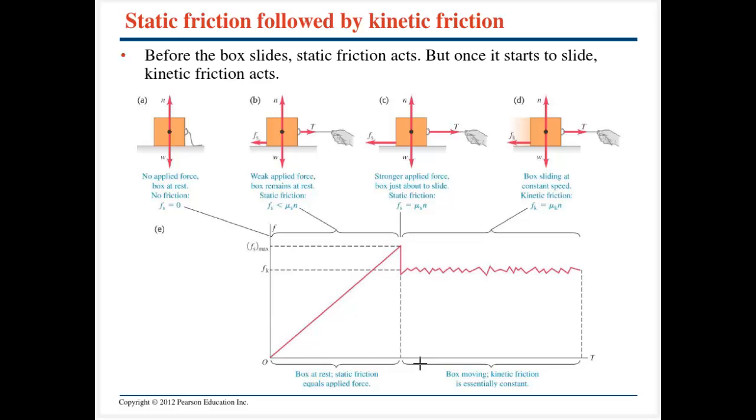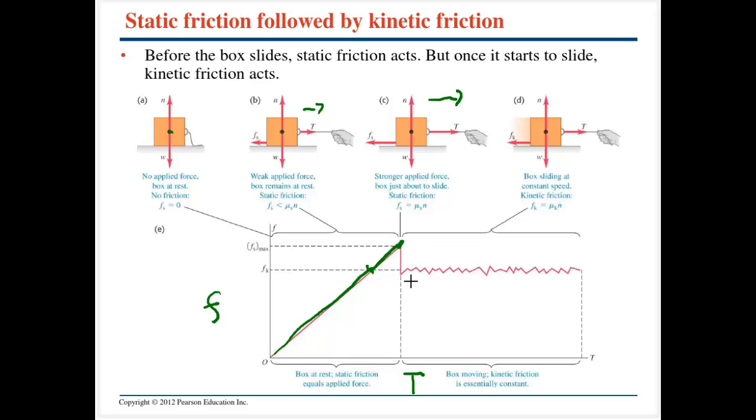And you can see that graphically here. If you consider a box sitting on the ground and you apply some tension to the string and it doesn't move, and you apply even more tension and it still doesn't move, you're increasing your force, the force of tension, and the force of friction is rising to meet that challenge.